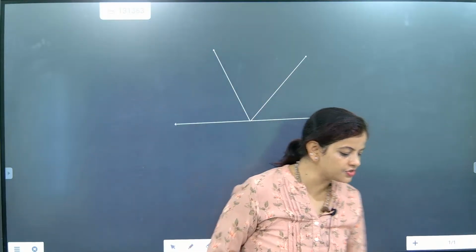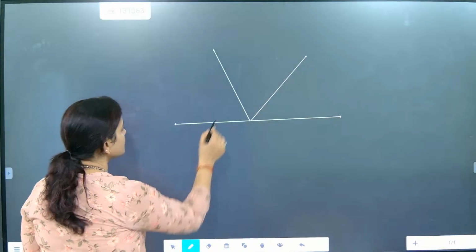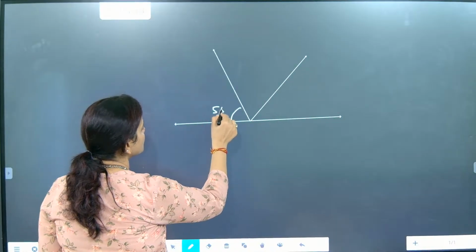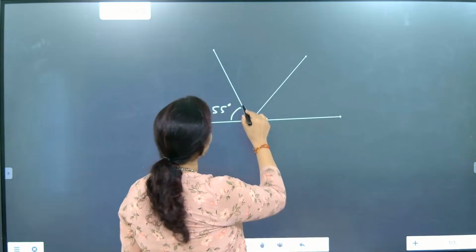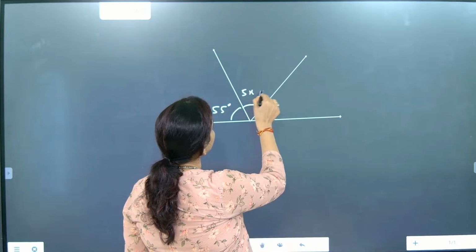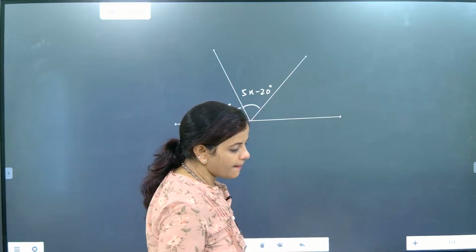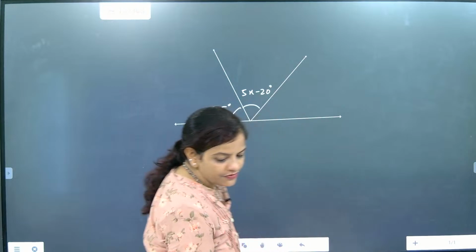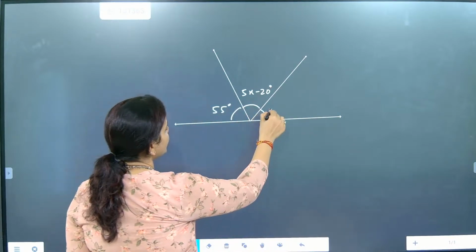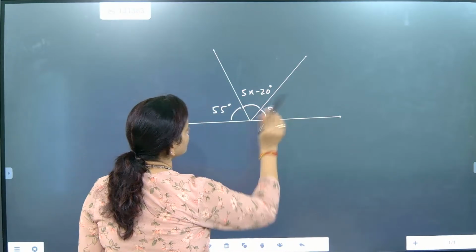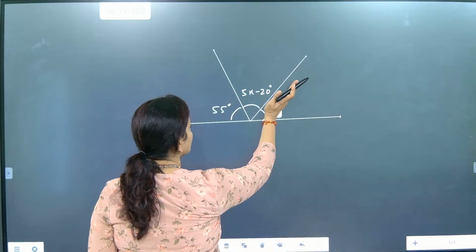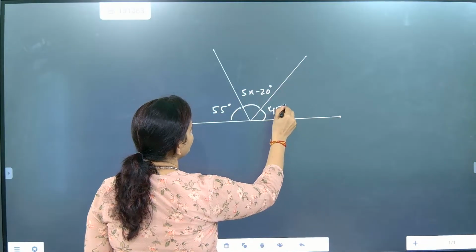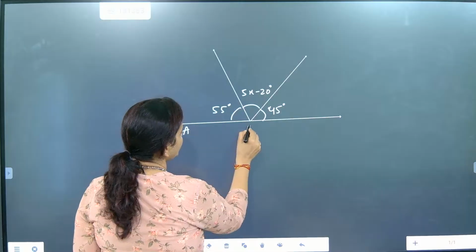Start solving the question. 55 degree. 5x minus 20 degree and 45 degree. Come on, Chahil. How much degree is given? 45 degree.